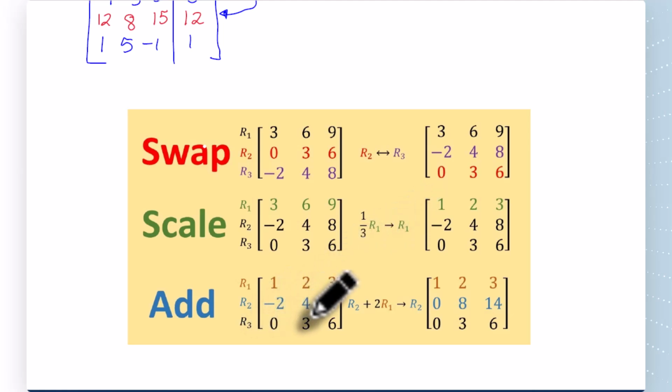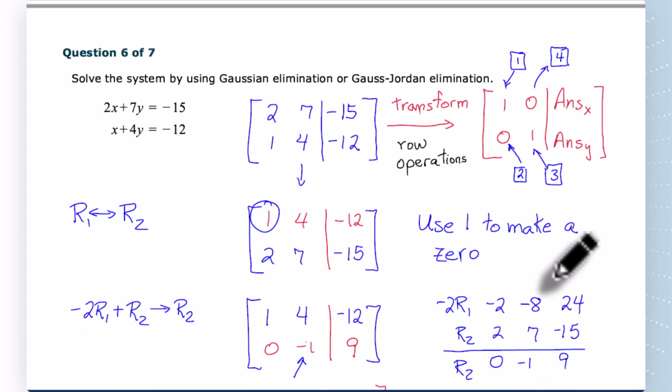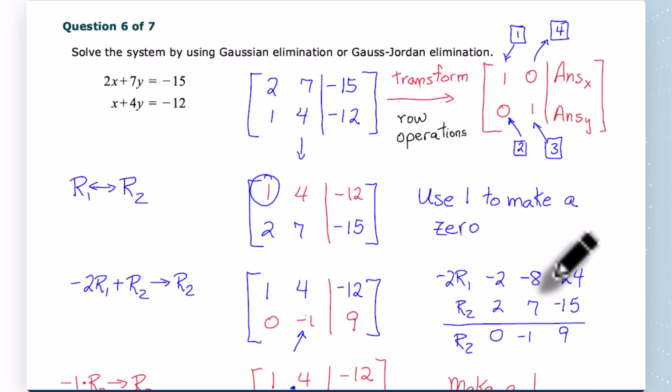I can add 2 rows together and make a new row. So these are what we are allowed to do. You might say, well, why are we doing that? I'm glad you asked.